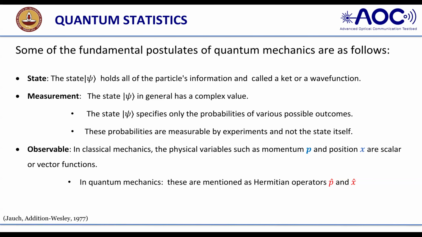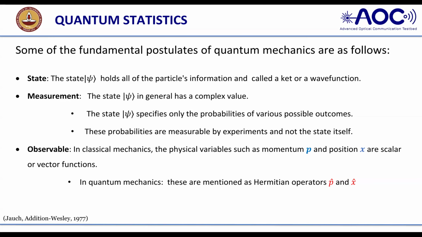The other thing is what is observable. In classical mechanics, any physical variable, such as momentum or position, is a scalar quantity, like x or p for momentum.